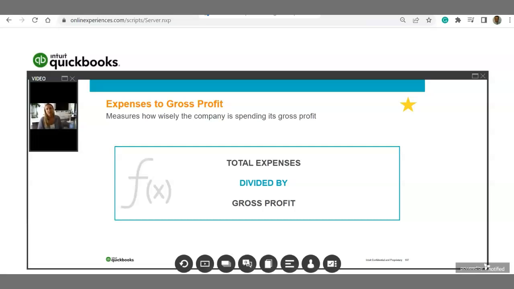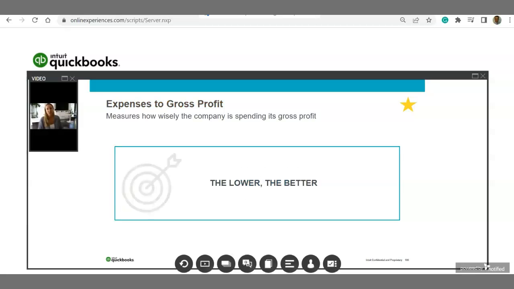Expenses to gross profit measures how well the company is spending its gross profit. So the lower this ratio, the better. And the point behind dividing it by gross profit is that your bills, your indirect expenses, I should say, your overheads, are paid with gross profit, not with revenue, right?